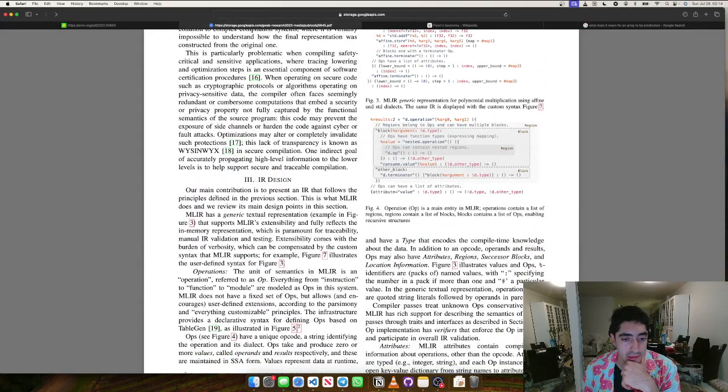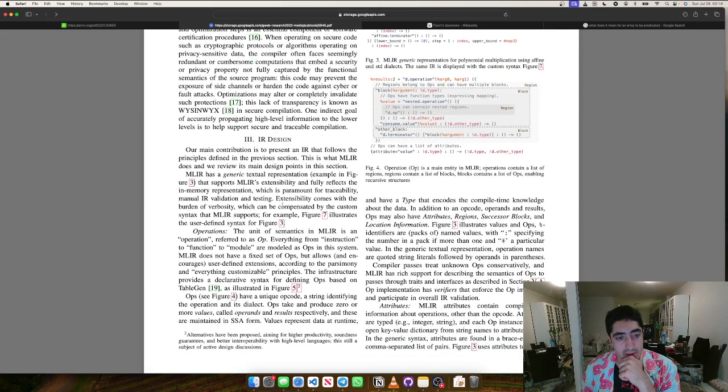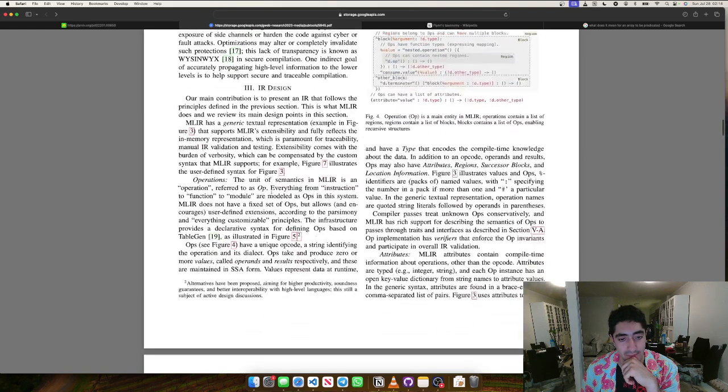Okay, our main contribution is to present an IR that follows the principles defined in the previous section. This is what MLIR does, and we review its main design points in this section. MLIR has a generic textual representation example in Figure 3 that supports MLIR's extensibility and fully reflects the in-memory representation, which is paramount for traceability, manual IR validation, and testing.